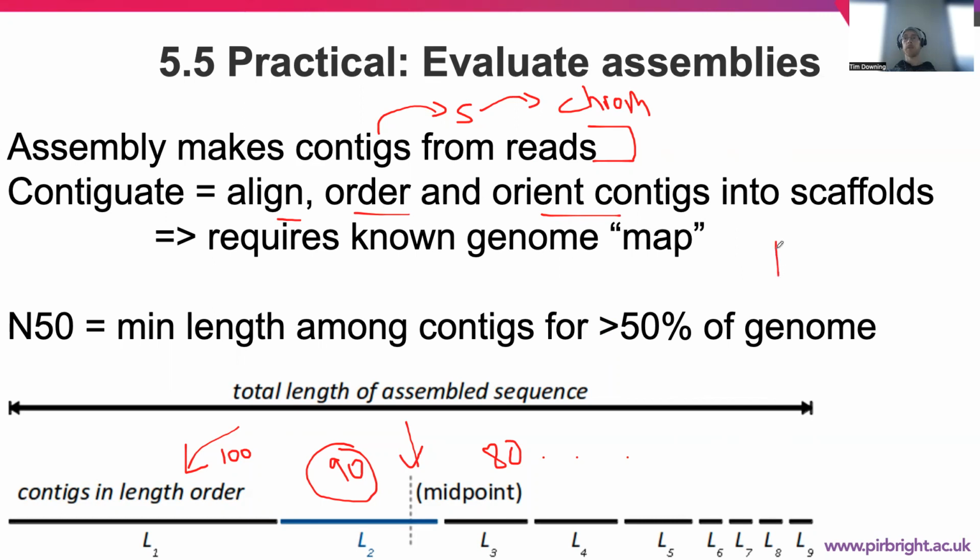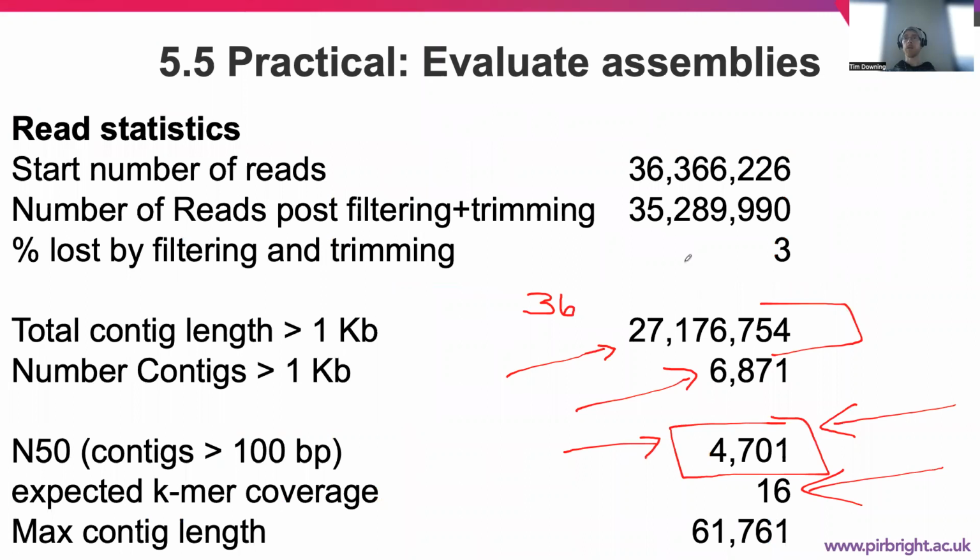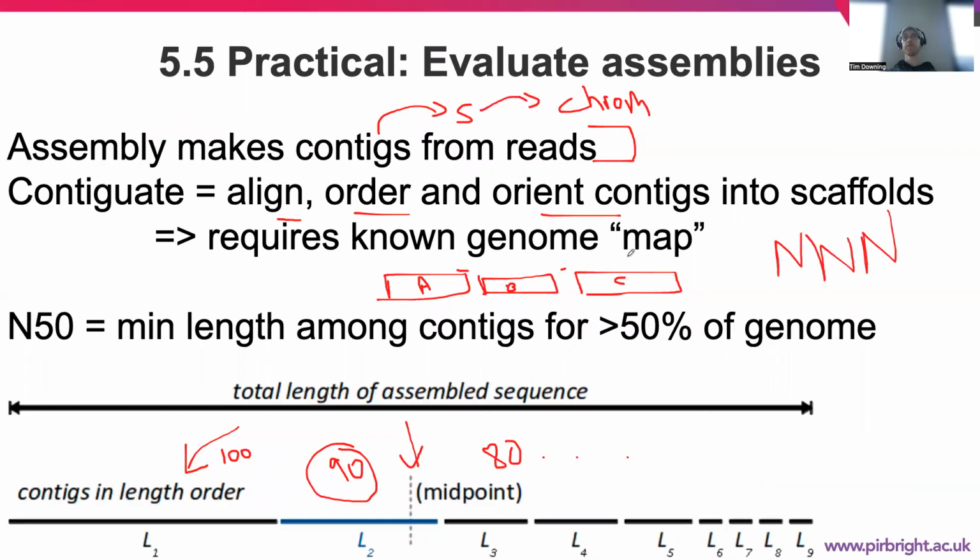If they have gaps represented by Ns between them, then we order them so they're in the right orientation, so that we have our initial contig A here, and we have a gap until B, that we can at least estimate the likely gaps between them, and at least have them in the right order using a known reference genome, which is what you might do with this kind of data here, which is not great.